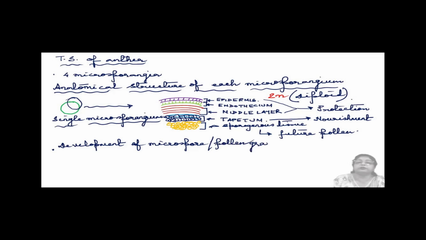This is very important. Pollen grain and microspore, they are the same. So here what happens, among this sporogenous tissue, each of them is capable of giving rise to pollen grain. They have the potential to give rise to pollen grain. It is very important. Okay. So I will use this flow chart that will help you to make it very clear.